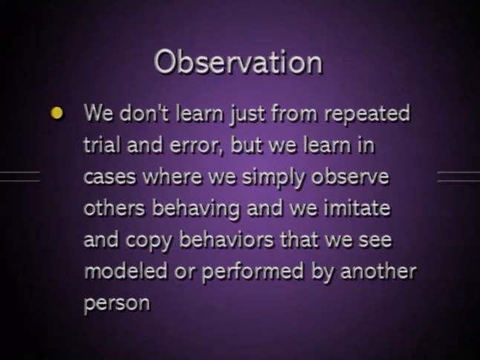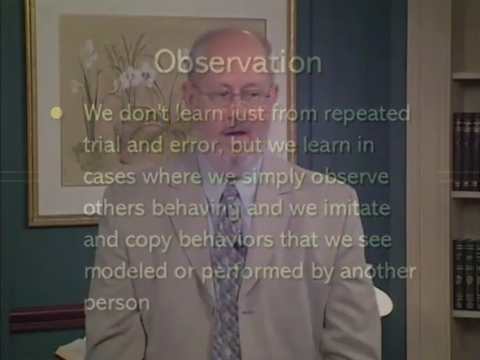We don't learn just from repeated trial and error, but in cases where we simply observe others behaving and then we imitate or copy the behaviors that we've seen modeled or performed by another person. So in this case, the child is the imitator and the person that she observes is the model. And the strength of observational learning for humans, which you don't see in lower animals, is that a person can learn a new behavior with no previous trials.